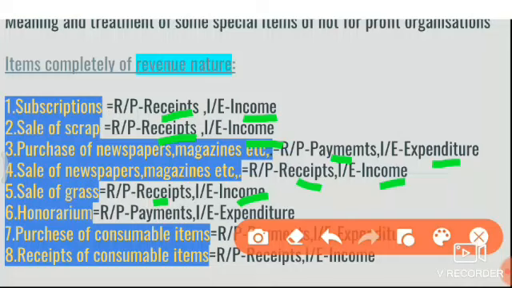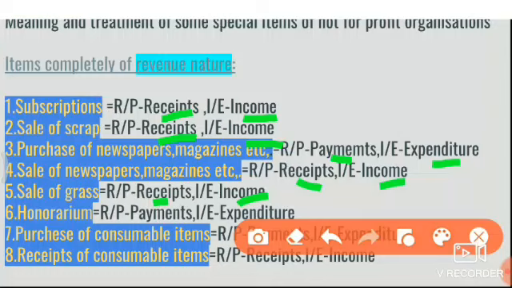Number 6, honorarium. Honorarium is a special payment made to persons who are not regular employees of the organization. These people render special and extraordinary service to the organization. For example, when payments are made to artists like singers and dancers, because they are not regular employees, the amount which is paid is known as honorarium.